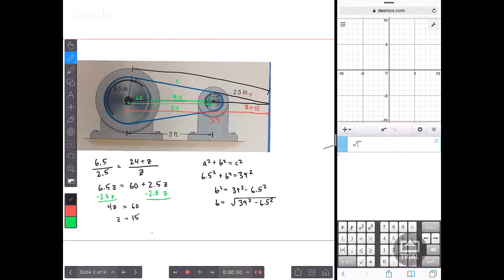Square root of 39 squared minus 6.5 squared. B equals 38.45. So this entire distance is 38.45. And let's see, in the little triangle down here, 2.5 squared plus y squared equals 15 squared.